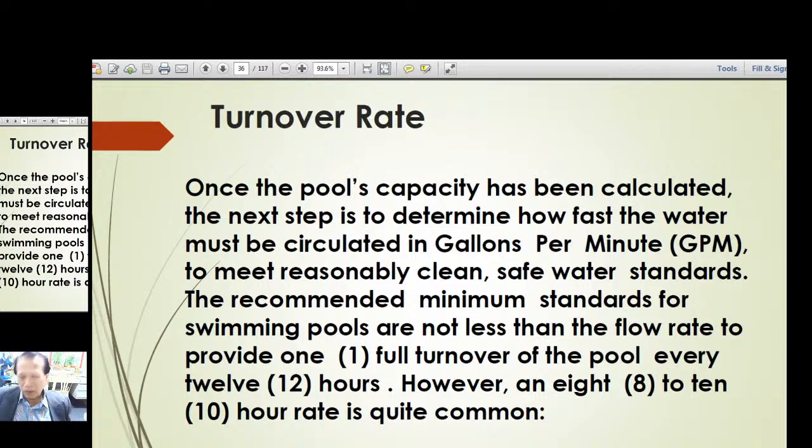Because maybe our condition here is sometimes the air contains dust in the wind, so it makes the pool dirtier. So therefore there is the need to make the turnover rate more often. Instead of 12 hours, you make it 8 to 10 hours.